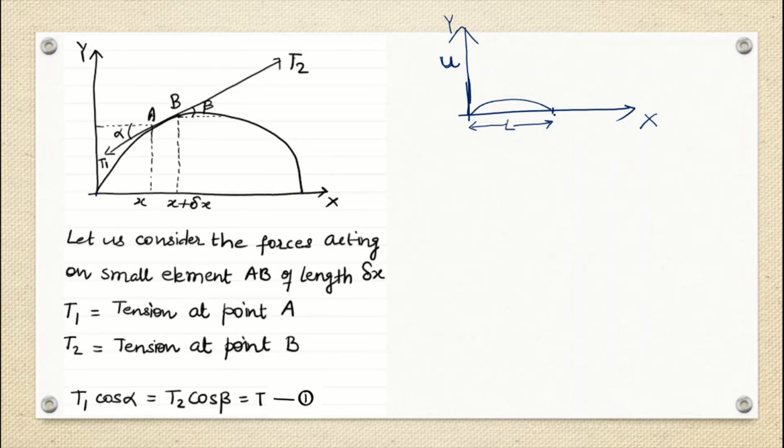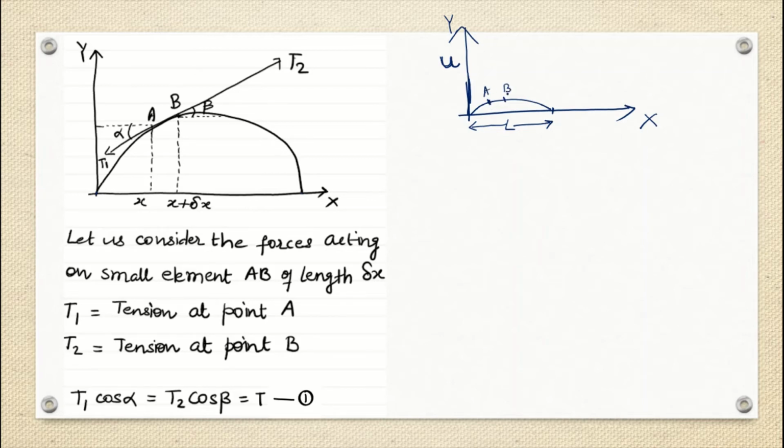Fine. Because we have to derive the equation for what force is happening in the x direction and in the y direction, we are going to take two small points on this string.